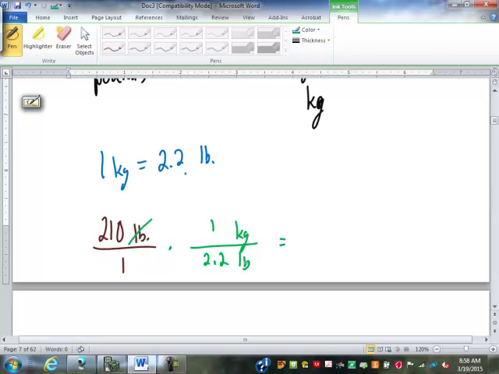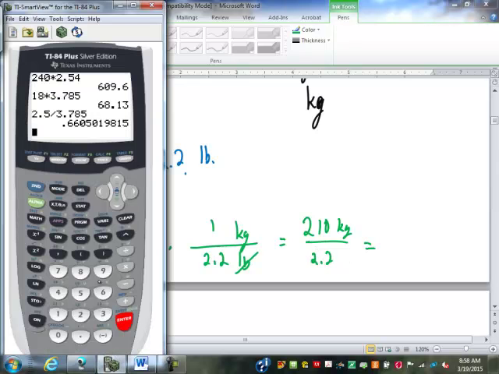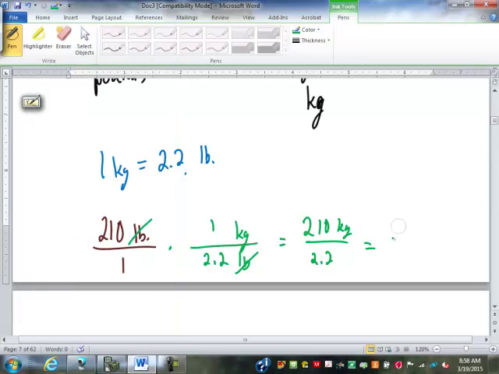So what that means, 210 times 1 kilogram is 210 kilograms, over 1 times 2.2 is 2.2. And we've got to divide that out. So 210 divided by 2.2 is 95.5 kilograms. So you can tell people you're under 100 kilograms.